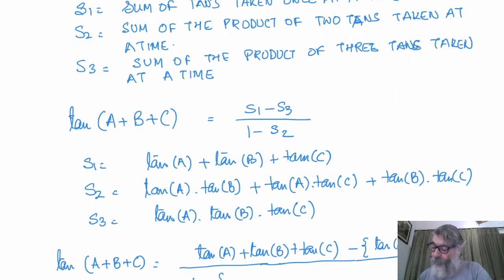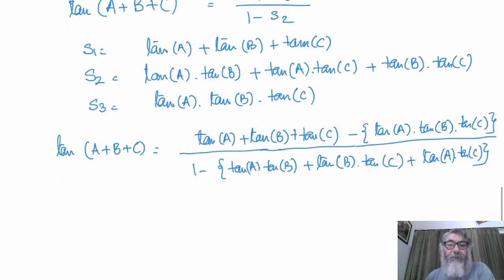So I will get tanA tanB plus tanB tanC plus tanA tanC. So this is the formula for tanA plus tanB plus tanC.